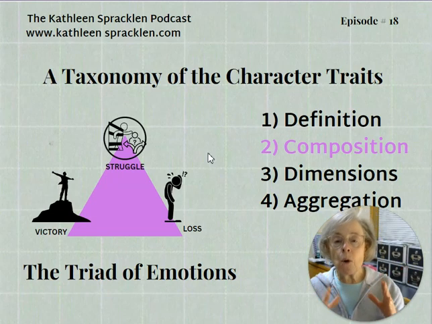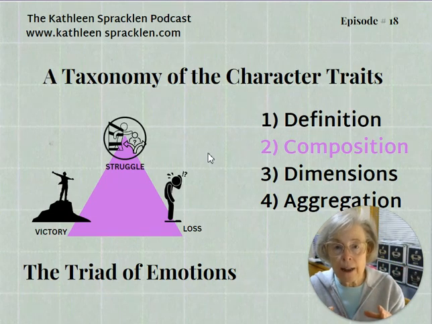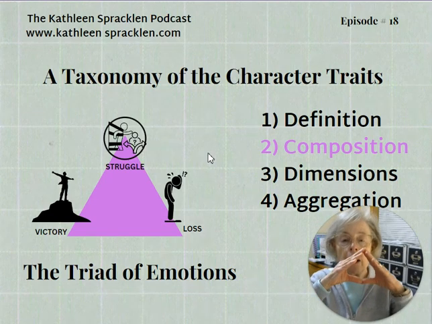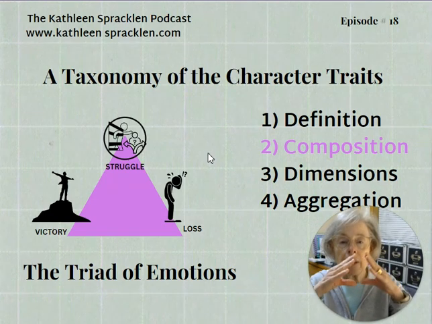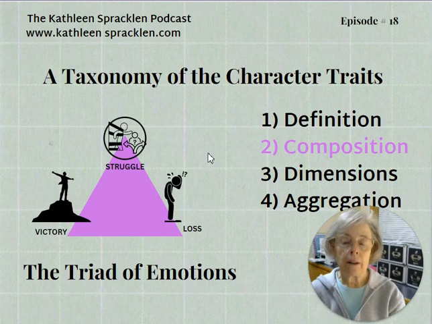So every emotion, every character trait has those three emotions that are intrinsic to it, the triad of emotions. So no, a character trait is not atomic.